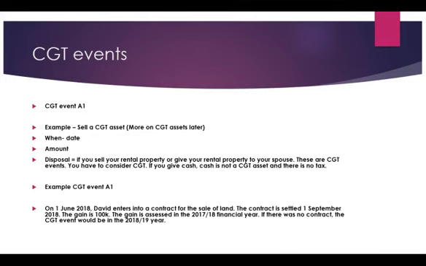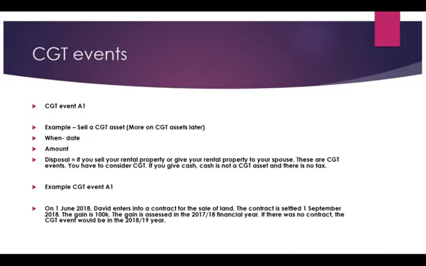Am I going to use 30 June or am I going to use July the 4th? The answer is I'm going to use the date of contract. Now, there can be exceptions, but normally the date that you're looking for is the date of contract.